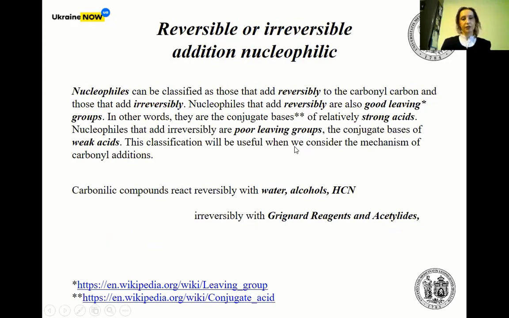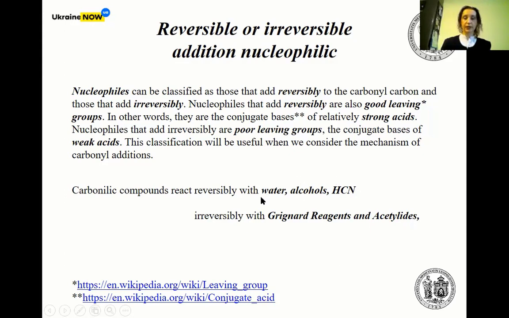Some nucleophiles we can classify as those that add reversibly to the carbonyl group and those that add irreversibly. And here you have a list of some examples. Carbonylic compounds react irreversibly with Grignard reagents and acetylides. And reversibly, they react with water, alcohols, and HCN.